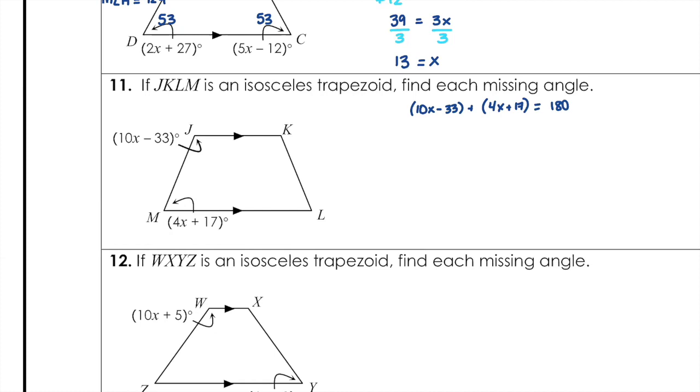We're going to combine like terms. So 14x minus 33 minus 17, what y'all got? It's 16.